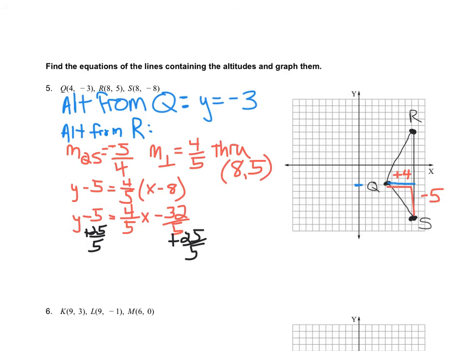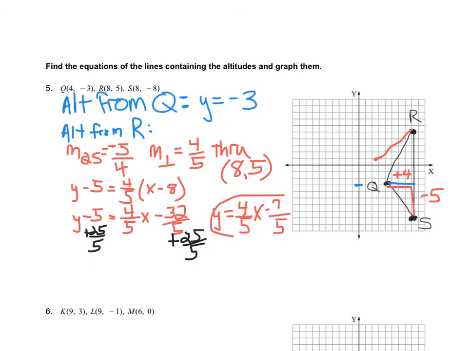So -32/5 plus 25/5 gives us a final equation there for this segment coming across from R of y equals 4/5 x minus 7/5.